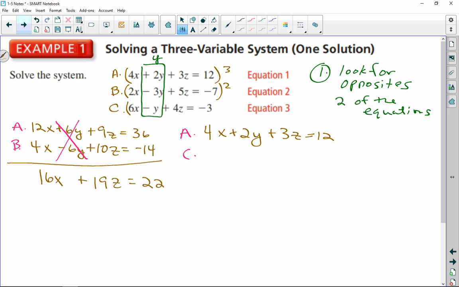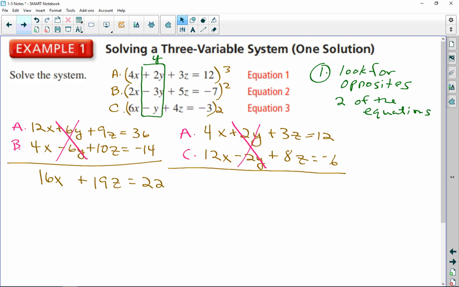I need to multiply this one by what? 2, very good. So 2 times 6 will give me 12x, negative 2y, 2 times that would be plus 8z, and then equals negative 6. Draw your line underneath it. Eliminate those two. You get 16x plus 11z.